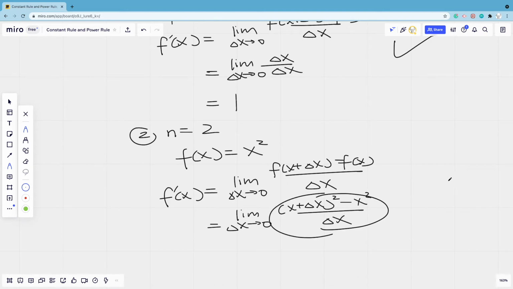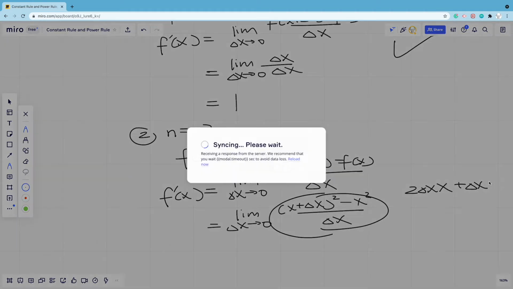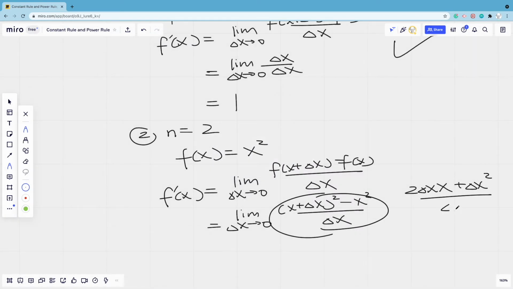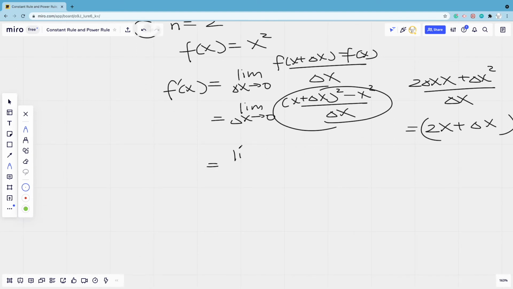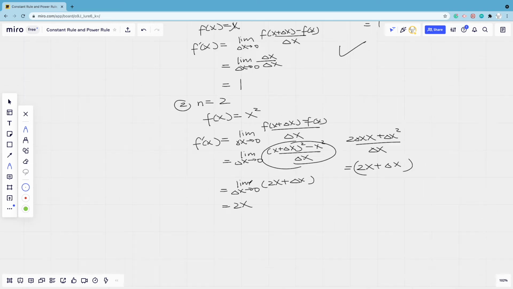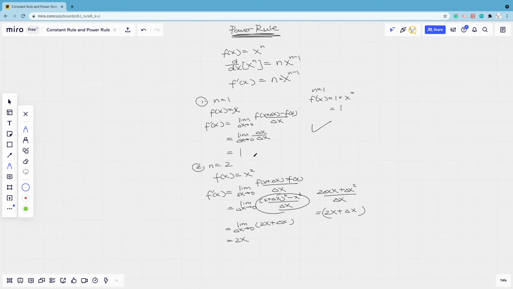This entire thing is just 2x delta x plus delta x squared over delta x, which equals 2x plus delta x. So the limit as delta x goes to 0 of 2x plus delta x equals 2x. Now, if we go back to the power rule, it states that the derivative should be 2 times x to the 2 minus 1, which is 2x. And this is correct again.